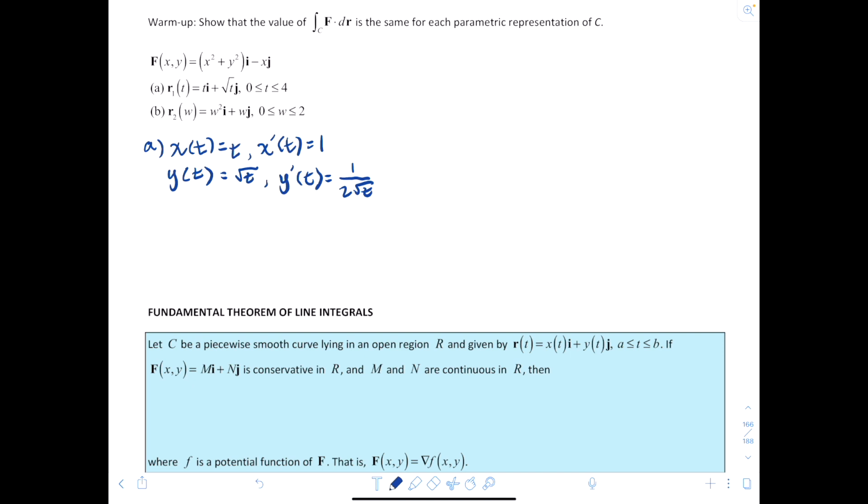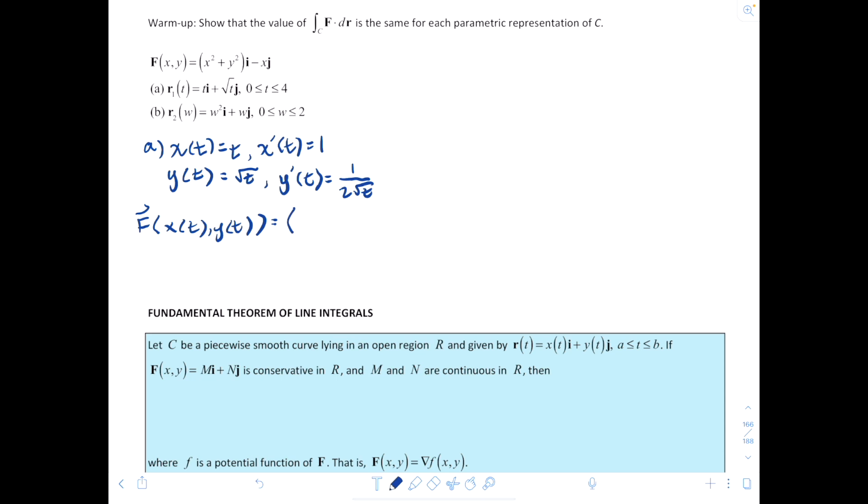Awesome. All right, so if you recall, we need a few things. We need our vector field evaluated at x at t, y at t, and that will be x squared plus y squared times i.